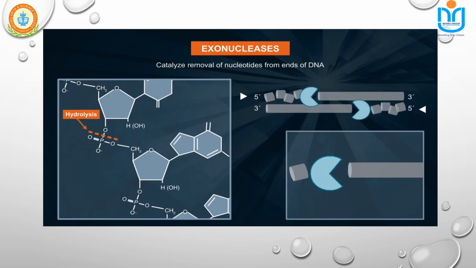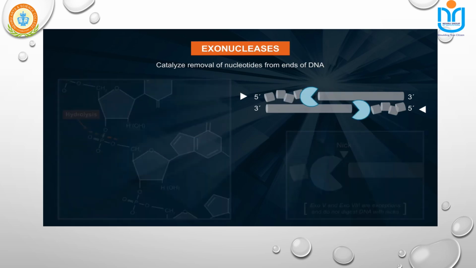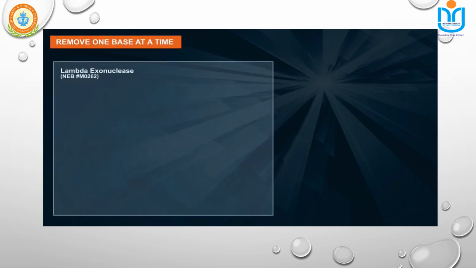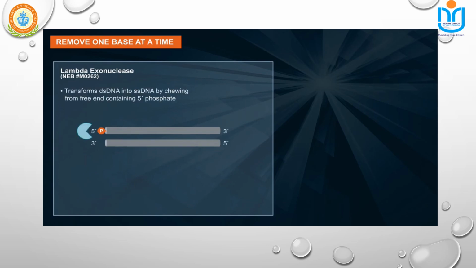Most exonucleases digest at nicks in the DNA. Some exonucleases remove one base at a time. Lambda exonuclease is an example of this and transforms double-stranded DNA into single-stranded DNA by chewing from the free end containing a 5' phosphate, degrading one strand preferentially but not the other.